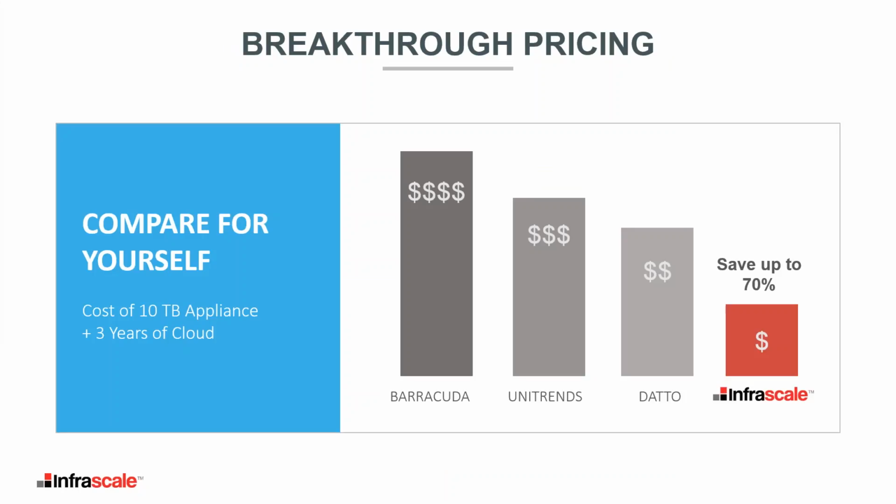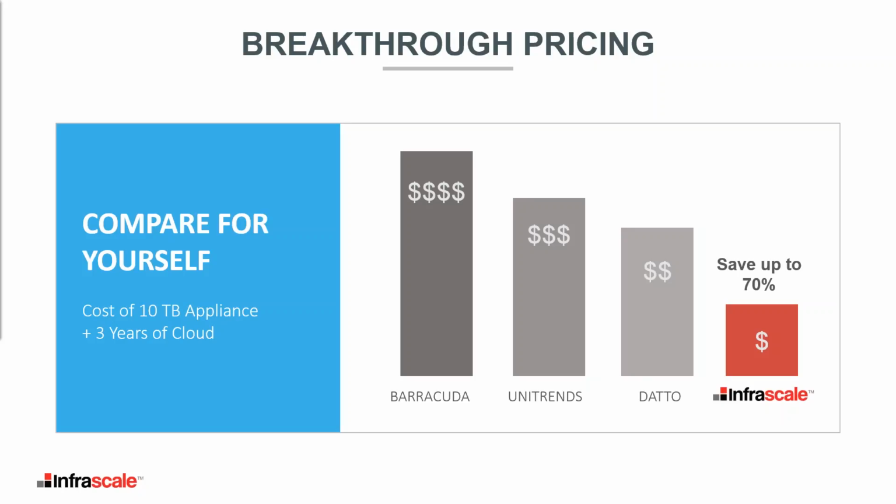So let's take a look at this comparison. Here is a comparison with Barracuda, Unitrends, and Datto. Earlier, someone on the line did mention that they're selling Barracuda and Datto, maybe Eric or Steve.